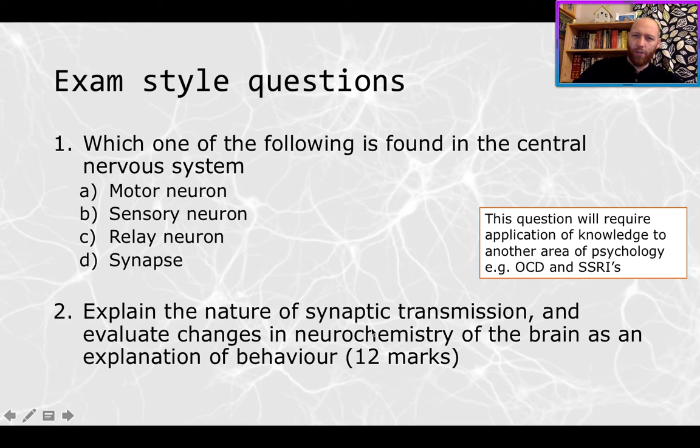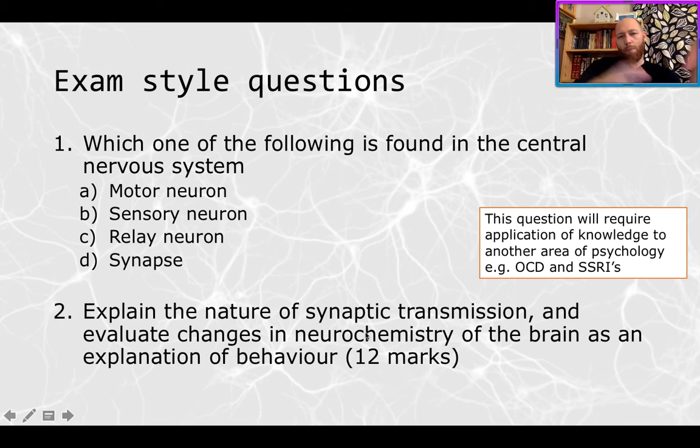So where are you getting your evaluation from? Your evaluation is actually AO2. Because what you will need to do is apply this to some sort of behavior that you know about. And the behavior I would recommend you apply to for now, that you might talk about schizophrenia later, is OCD and the effect of SSRIs, which is why I included that in this lecture.